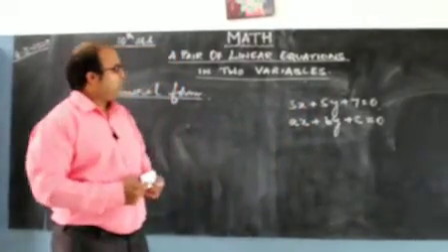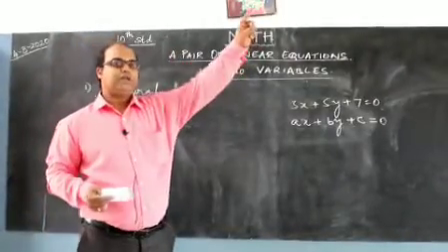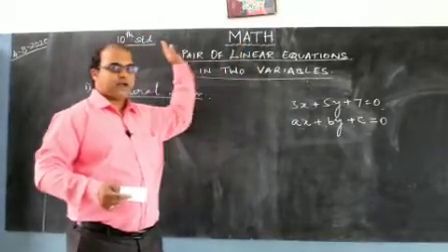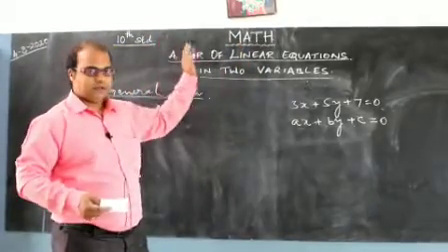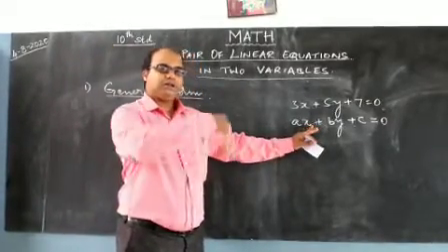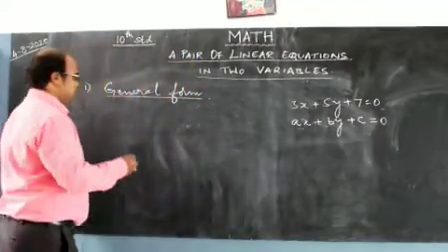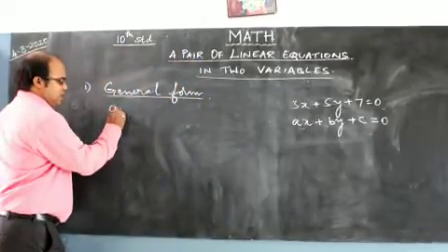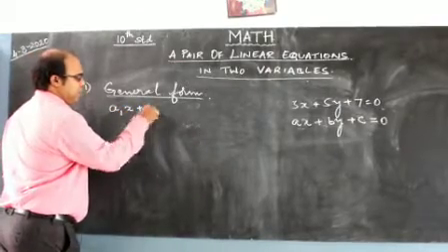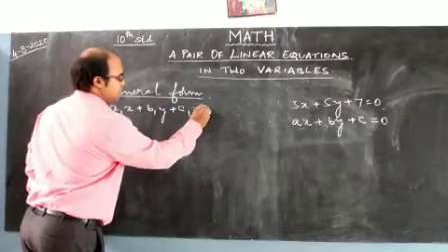Okay. Now, what will be the general form for a pair of linear equations? See, there is a lot of difference between just a linear equation and a pair of linear equations. A pair means two. So here, to identify another equation, I will write the general form as a1x plus b1y plus c1 equal to 0.